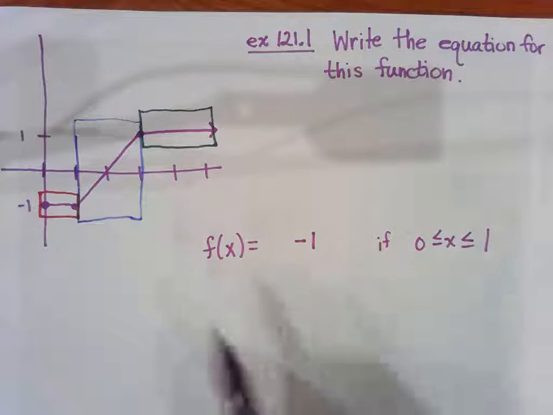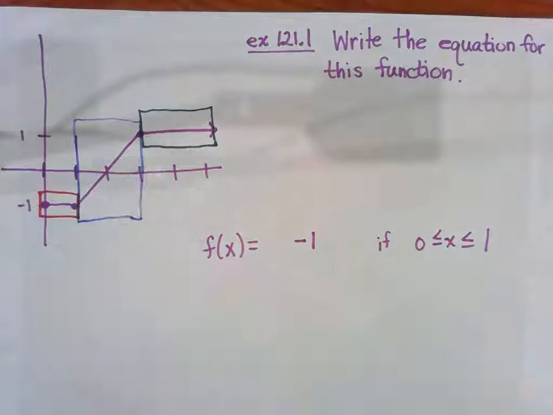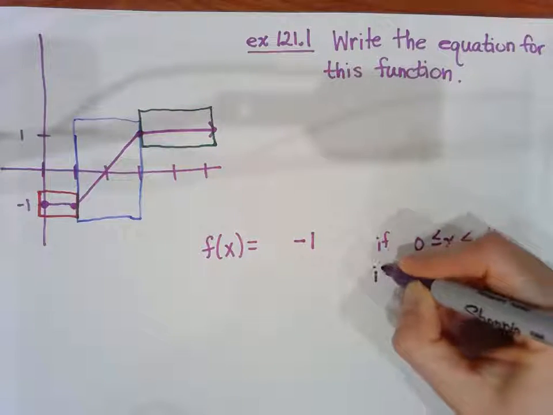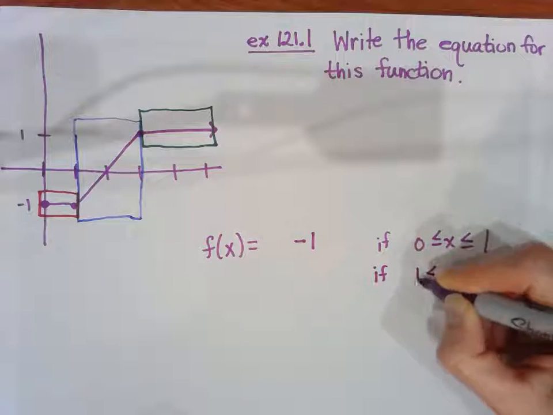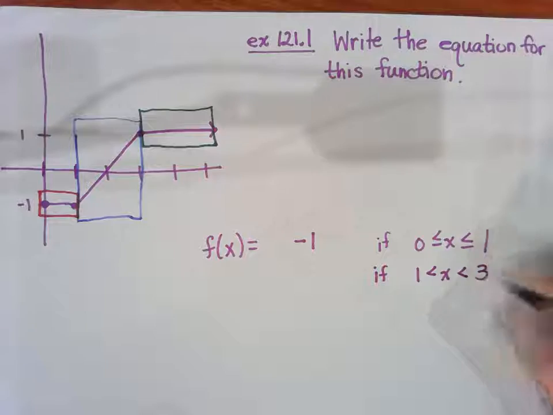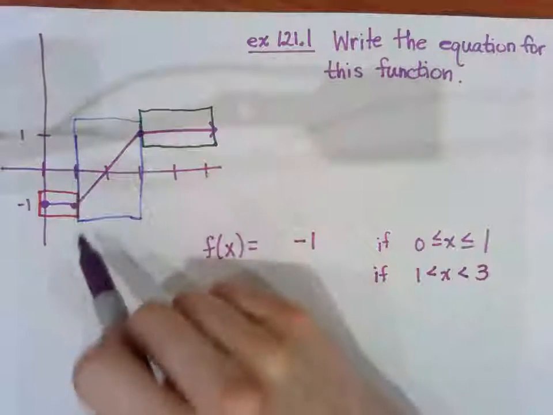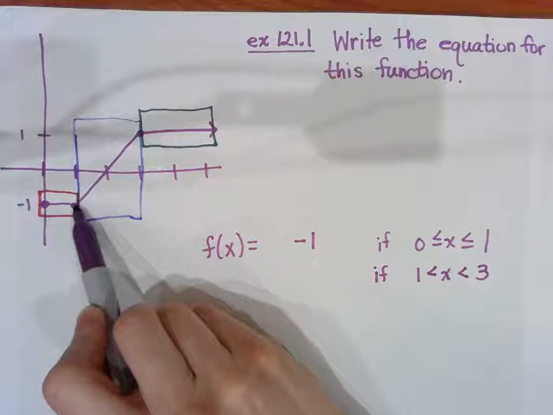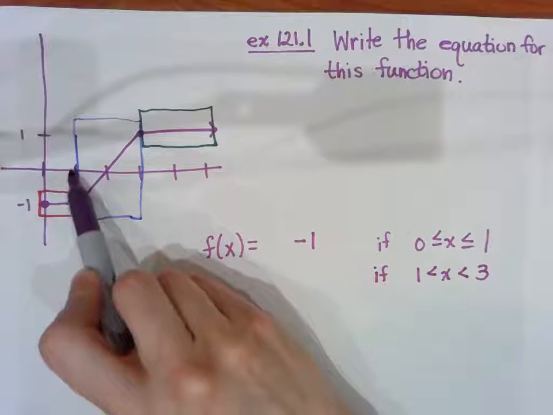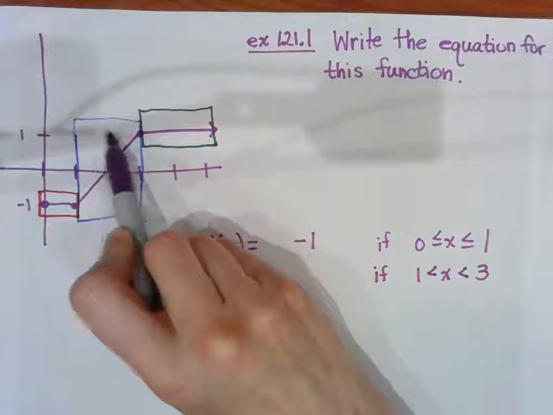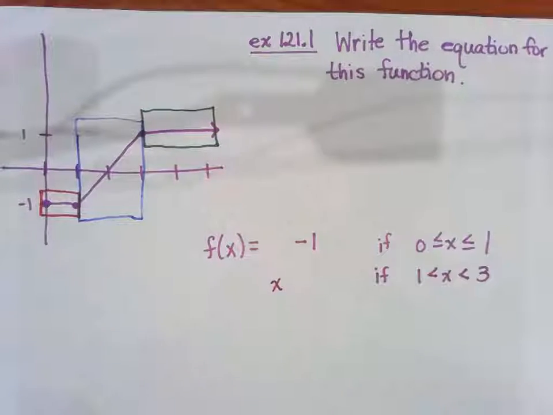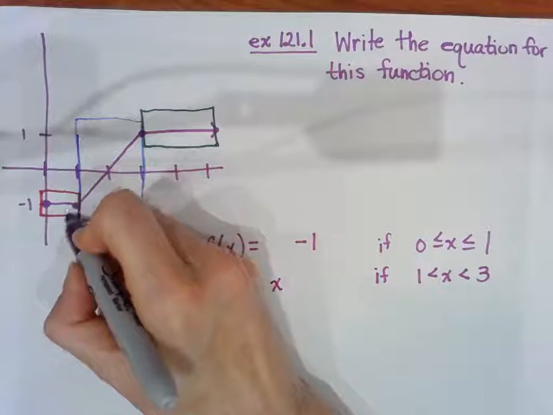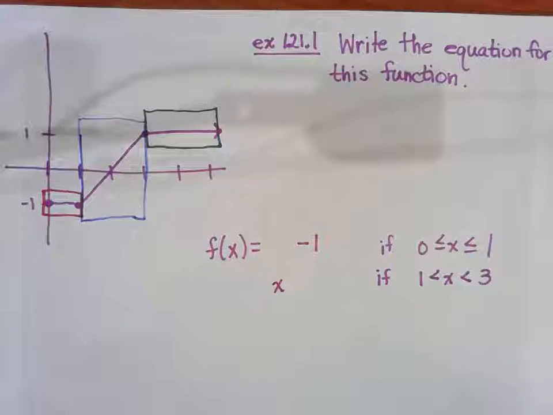And now the behavior changes between 1 and 3. So if x is between 1 and 3, we have a different kind of behavior. In fact, if we look at this, the slope of the line is going to be rise 1, run 1. So we have just a 1 times x, and think about where that y-intercept would be if we continued that down.